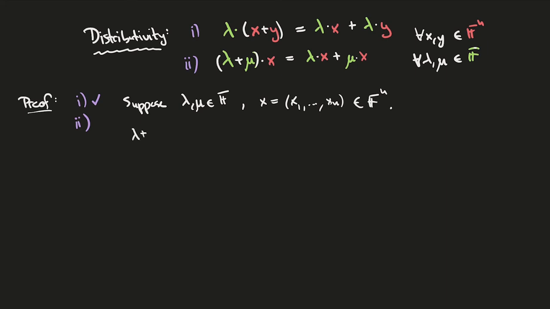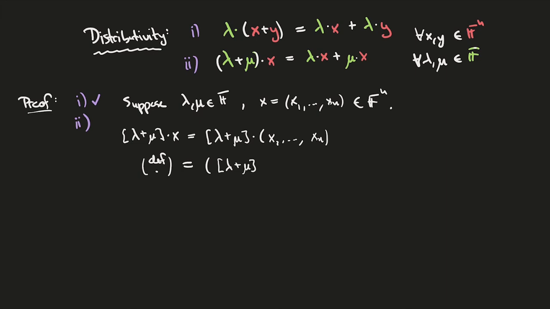Now, (lambda plus mu) times x equals, by the above, (lambda plus mu) times (x1 all the way up through xn). Applying the definition of scalar multiplication, we get that this equals (lambda plus mu) times x1, and so on up through (lambda plus mu) times xn.